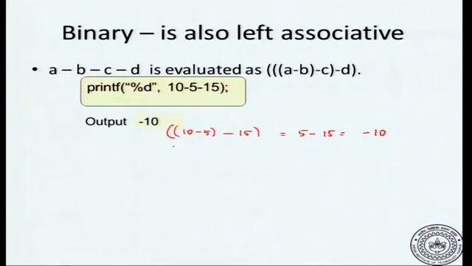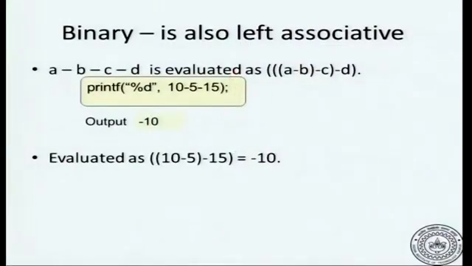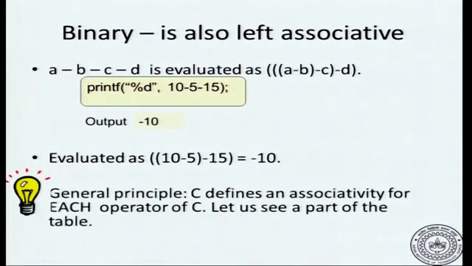Whereas, if the parenthesization had been in the opposite way, it would be 10 minus (5 minus 15), in which case it would be 10 minus minus 10, which is 20. Notice that this is not how you are supposed to do it even in mathematics. So the way that C handles the associativity of the binary operation is correct. The correct parenthesization is 10 minus 5 and then minus 15.